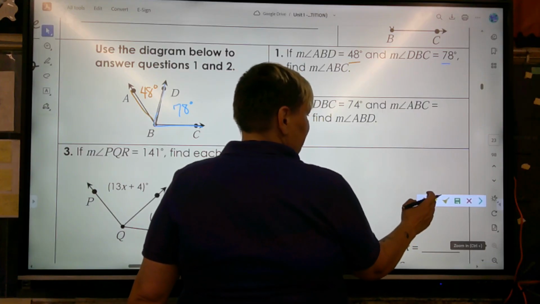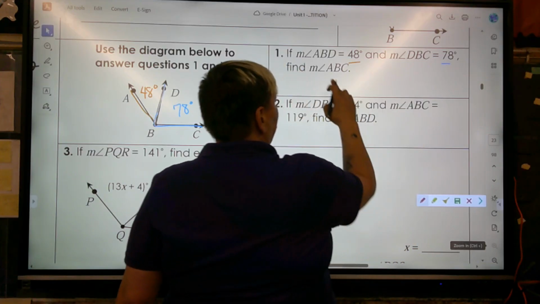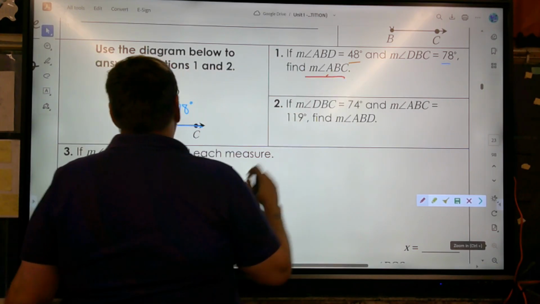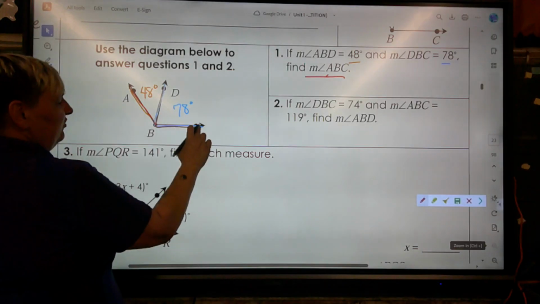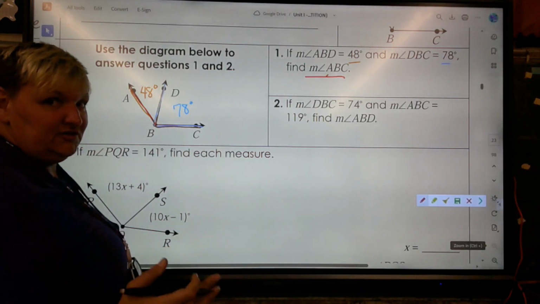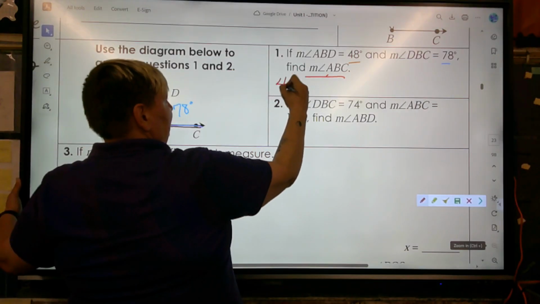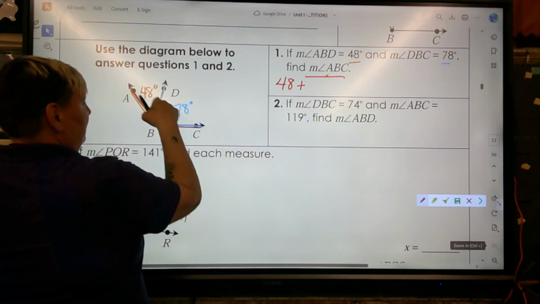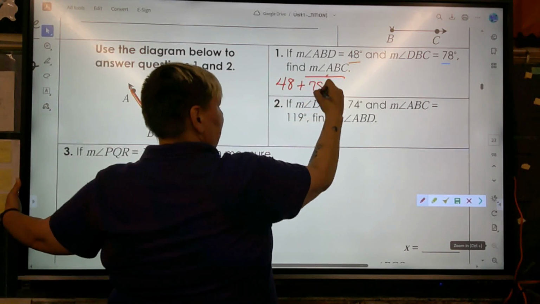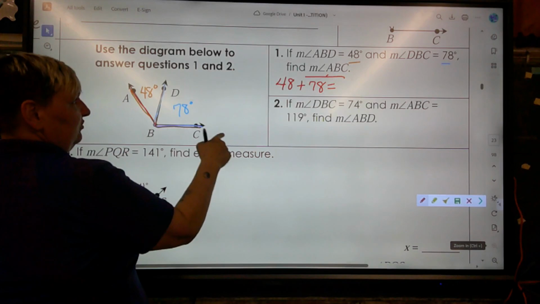And then what it's asking for is ABC. ABC is the total. So if it's asking for the total, then you just add them together. This angle plus this angle equals the total.